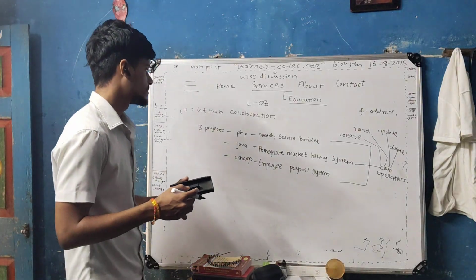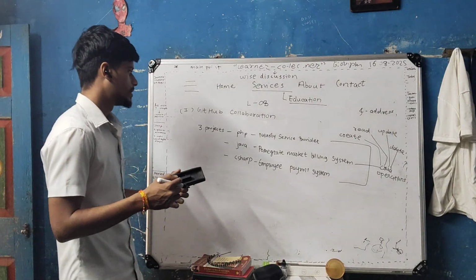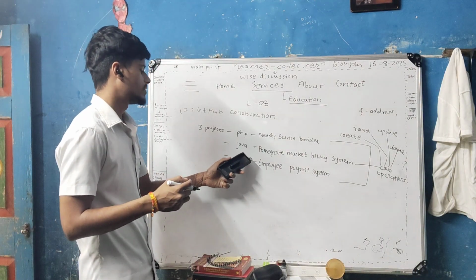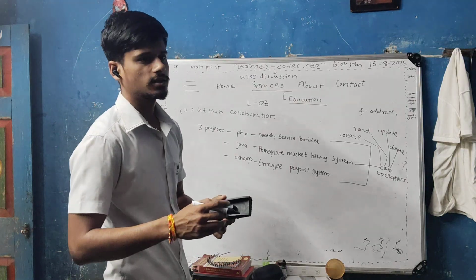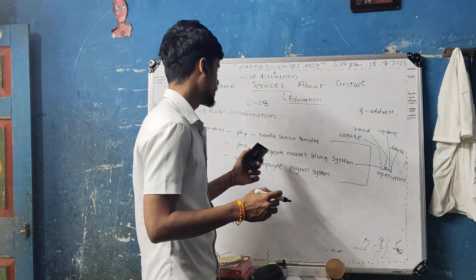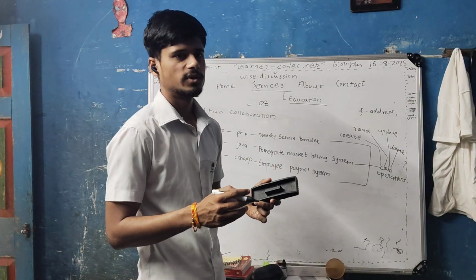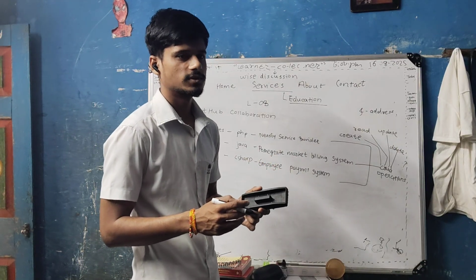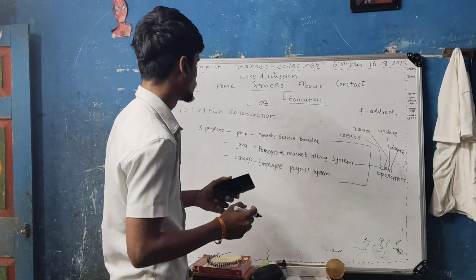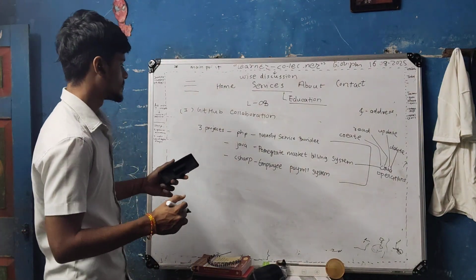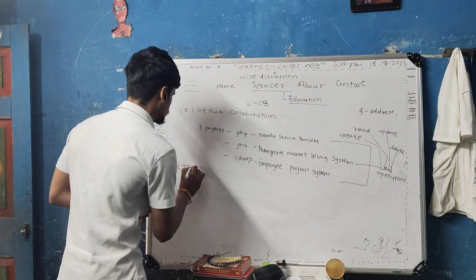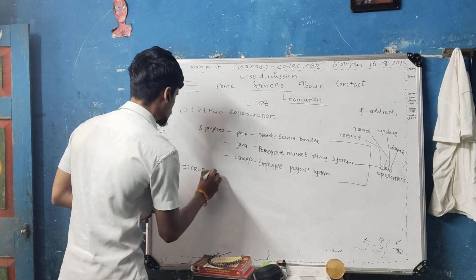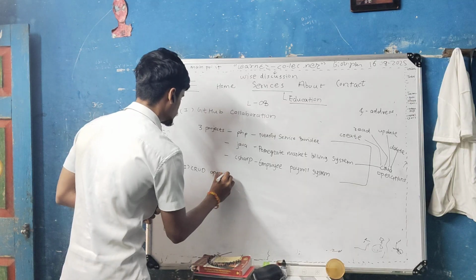For example, if we start with PHP, Java or C Sharp, the syntax is different in these three languages. Not so much difference is found, it's similar. What are CRUD operations?